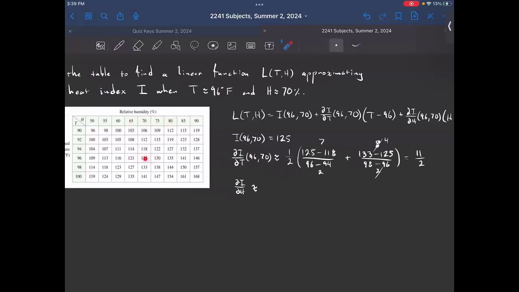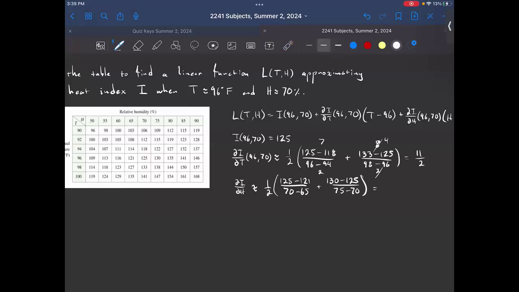So we're starting at 125, looking backwards, and we're still going to do our average thing: 125 minus 121 divided by 70 minus 65, plus 130 minus 125 over 75 minus 70.